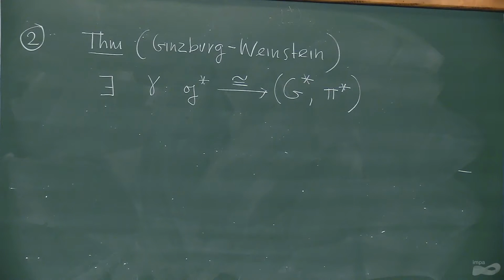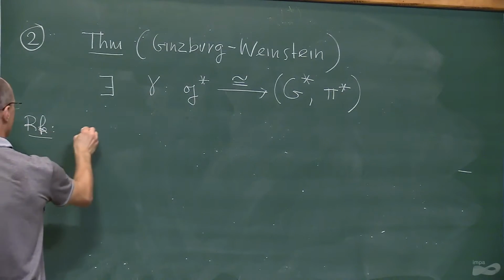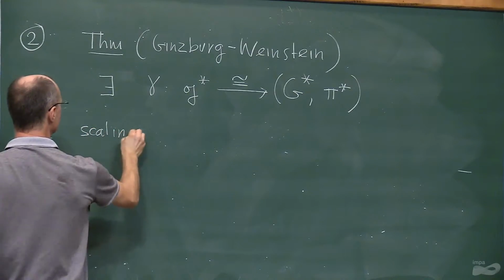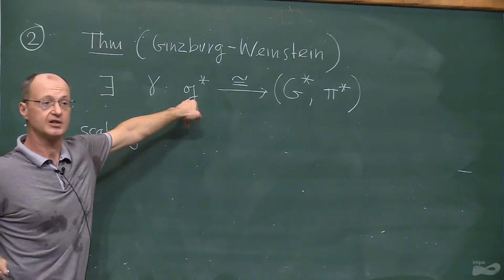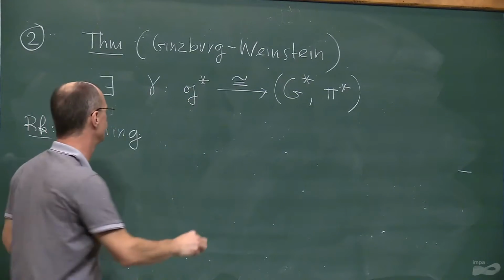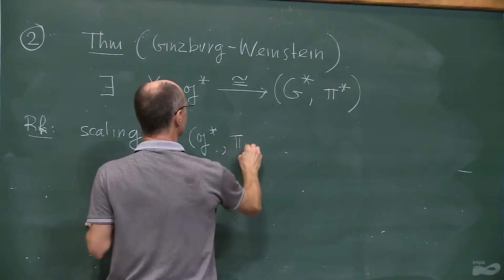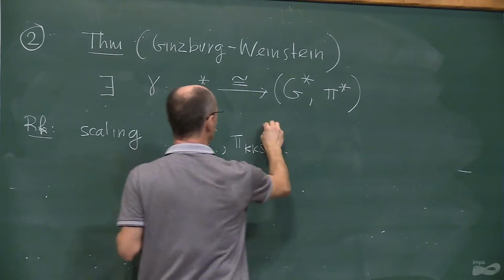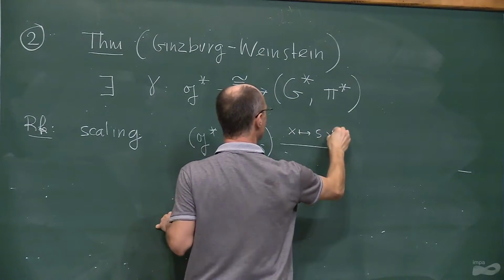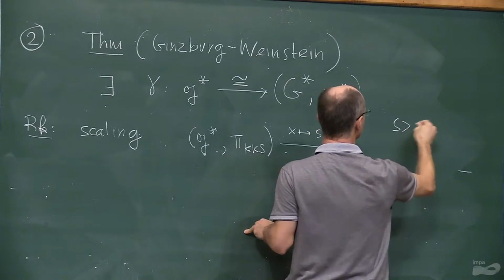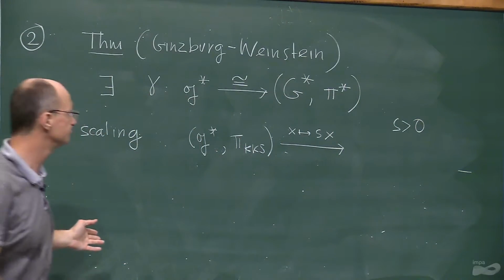And now let me just put some small remark, which goes under the name of scaling. Indeed, we know that the Poisson bracket here is linear, right? So if you take small g star with the Poisson bracket pi KKS, you can simply multiply all your coordinates by some positive real number.